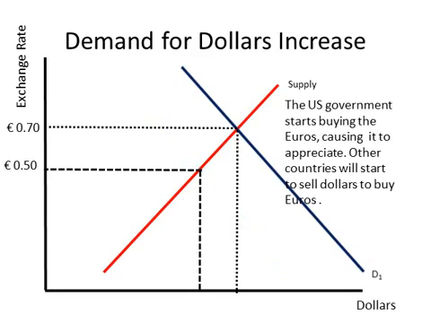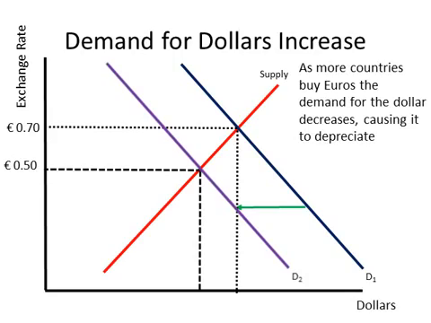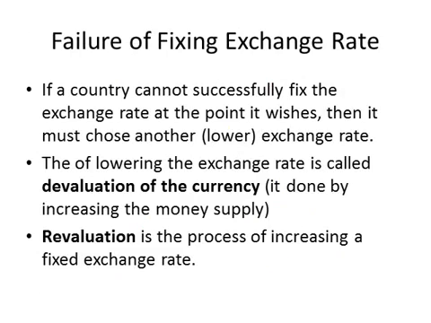Other currencies will start to sell euros. As more countries buy euros, the demand for the dollar decreases, causing it to depreciate, and it returns to its original point. The point here is that the government manipulates the exchange rate in order to cause it to appreciate or to depreciate as it needs to achieve its trade goals.